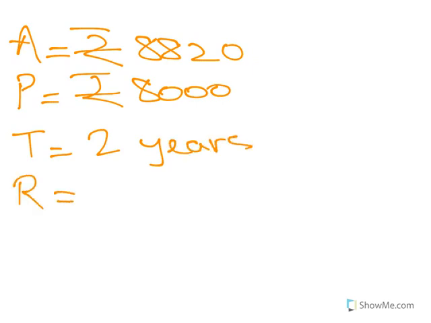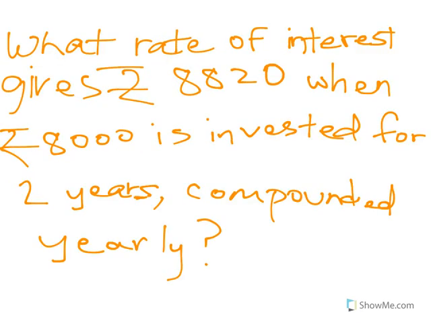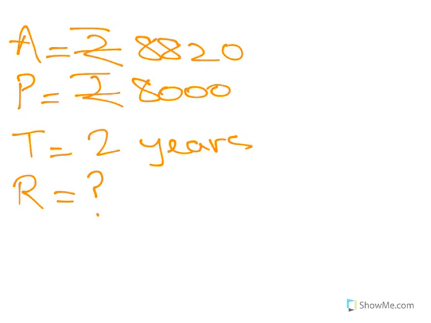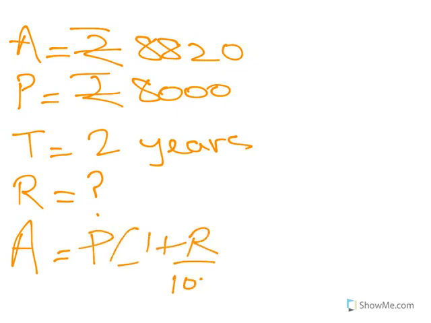So the only question is, what is the rate? Yep, it's compounded yearly. So again, this is basically an application of this formula: 1 plus r by 100 raised to the power of t.